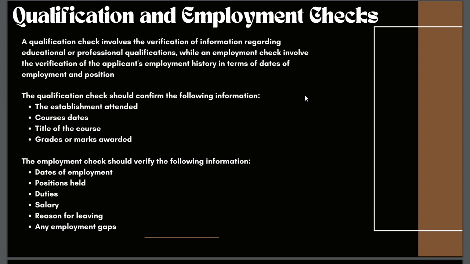So the qualification check should confirm the following information: the establishment attended, course dates, title of the course, and grades or marks awarded. Then the employment check should verify the following information: dates of employment, positions held, duties, salary, reason for leaving, or any employment gaps.